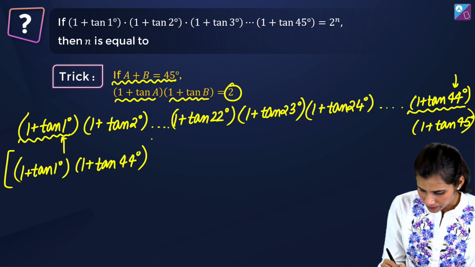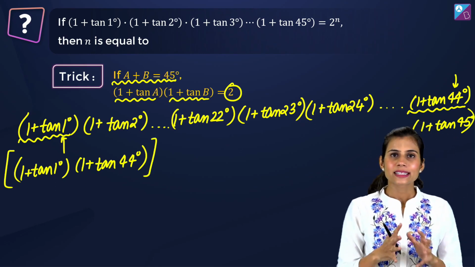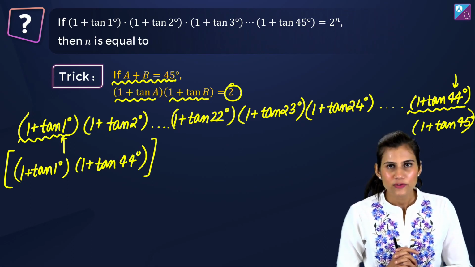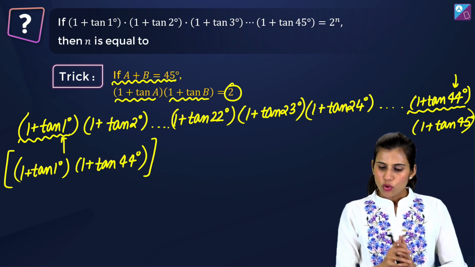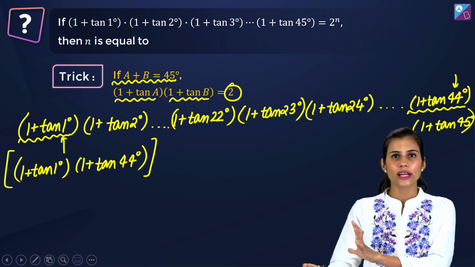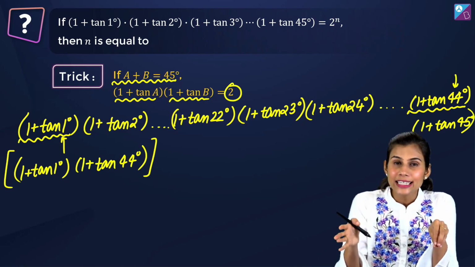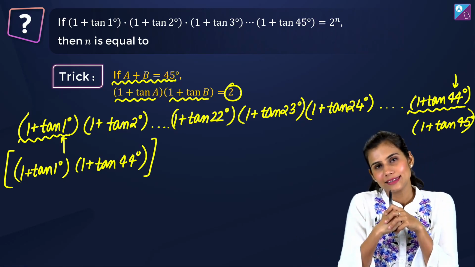Correct. Okay. This is one single entity. It is resembling 1 plus tan A times 1 plus tan B, where A plus B is 45. Okay. So last term from the beginning was 1 plus tan 45. That is untouched for now. I am taking first term from the beginning and second term from the end, isn't it?